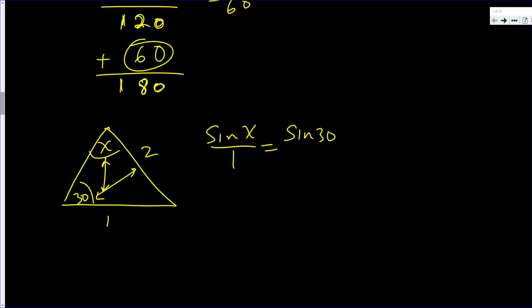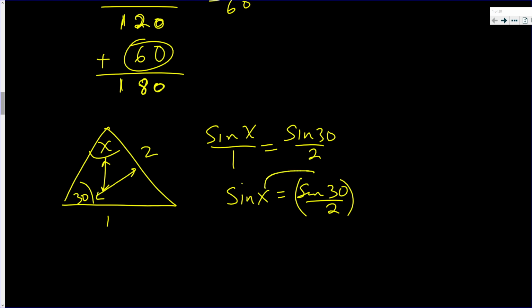It's the sine of 30 over 2. Well, sine x over 1 is just sine x. And it equals this. This is a number. Sine of 30 degrees is a number, divided by 2, get another number.